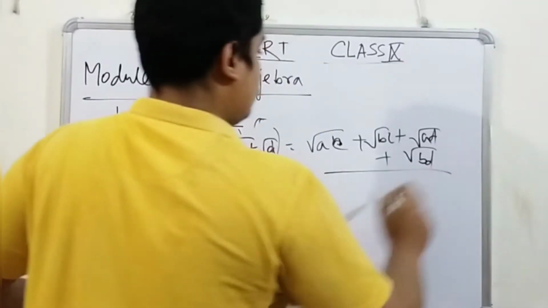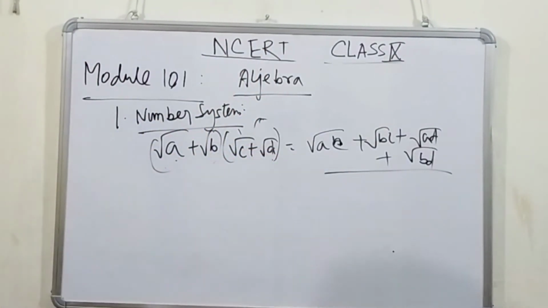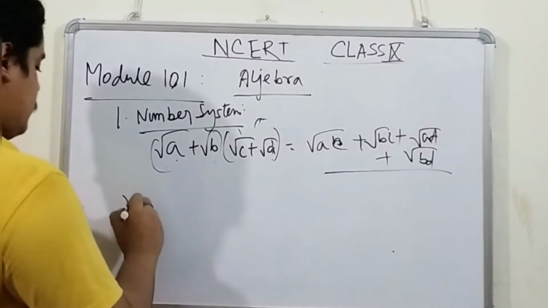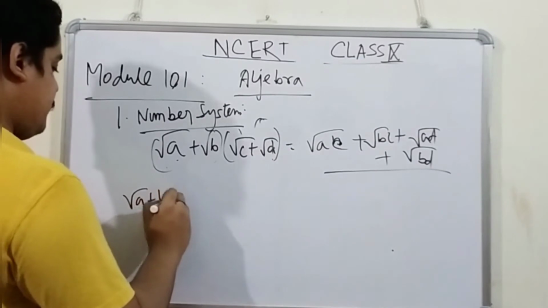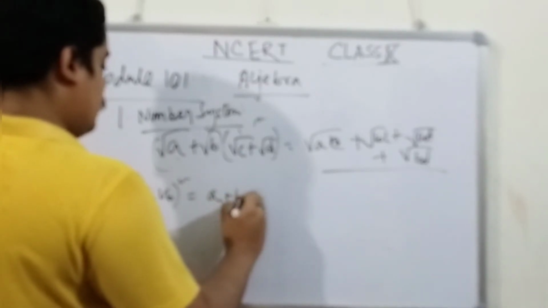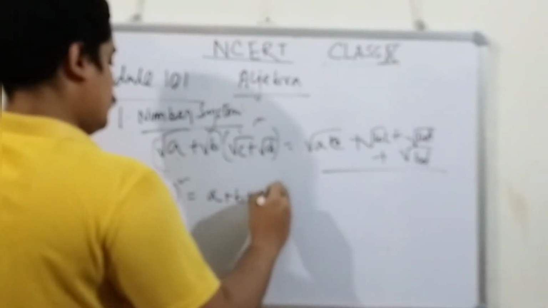That will be the value of this identity. And the last one, the whole square identity. If it is multiplied like this or kept like that, it will give you the value a plus b plus 2 root over of ab.